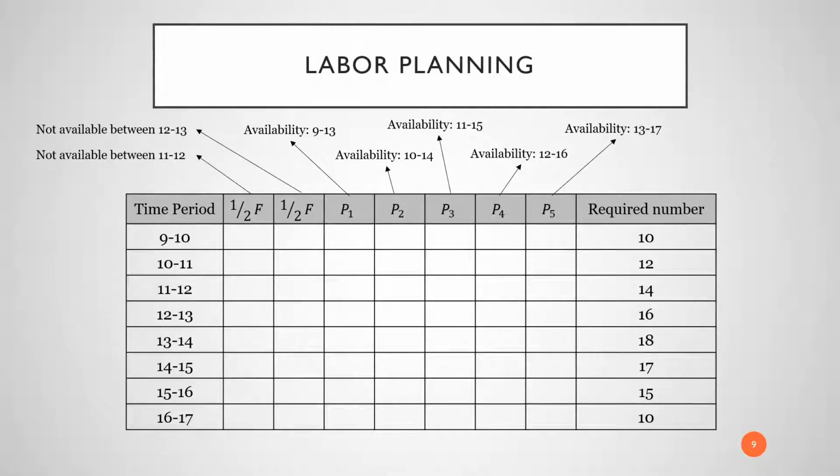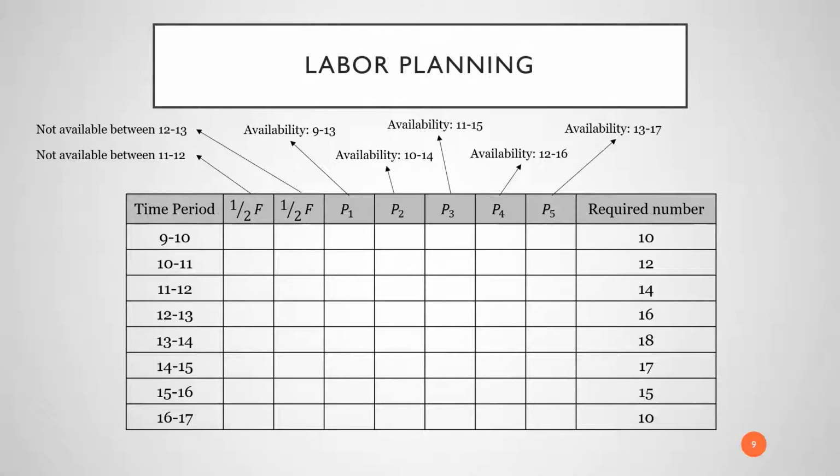For example, P1 can only work from 9 to 13 because they start at 9 and they can only work 4 hours. You can see different time periods here in the table on the left-hand side.